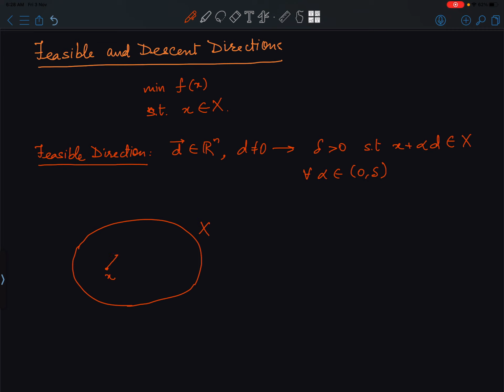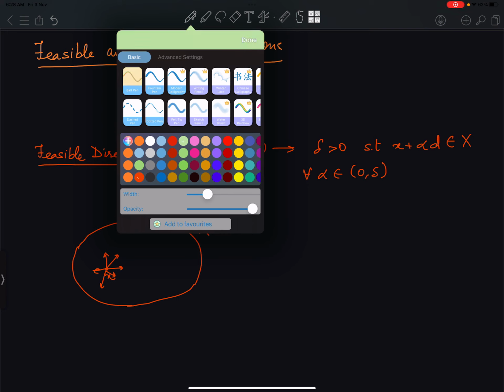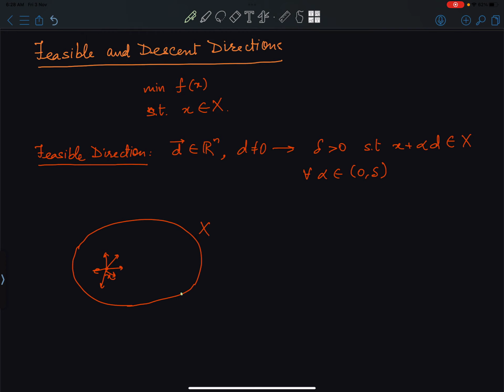If I move in this particular direction, I'll still be in the set. If I move in this direction, this direction, this direction, in all the cases I'll be in the set. Suppose I choose a point, say here, if I move in this direction, I'll be in the set. However, if I try to move in this direction, I'll end up outside the set.